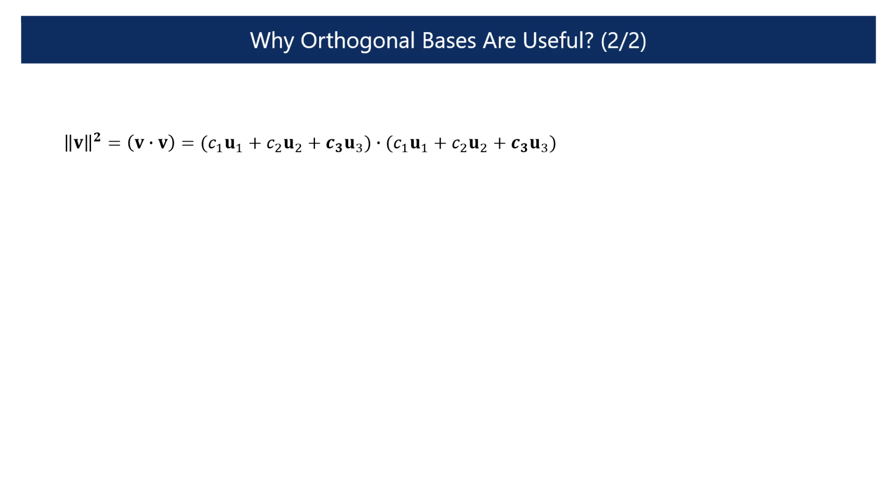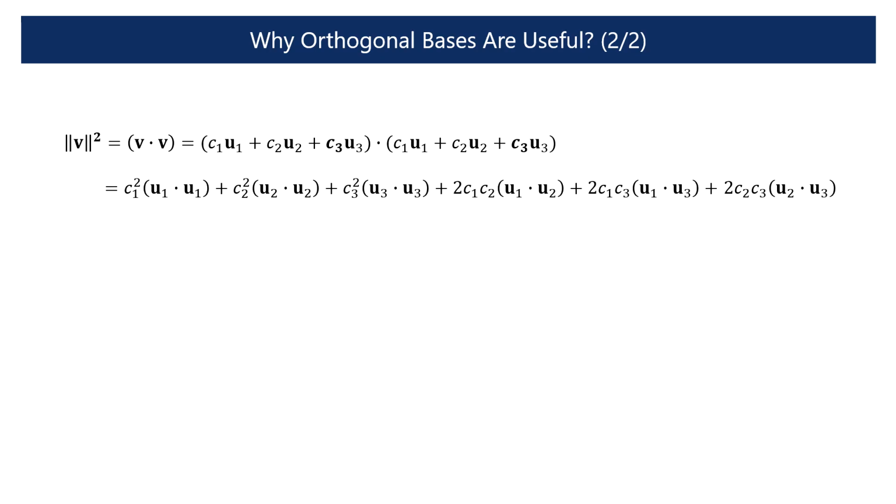Now, let's calculate the norm of the vector v. It is expressed by this equation. Let's expand this equation. In an orthogonal basis, the inner product of any two distinct basis vectors is 0.